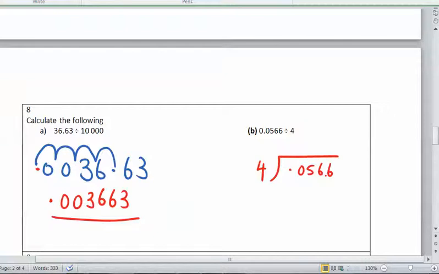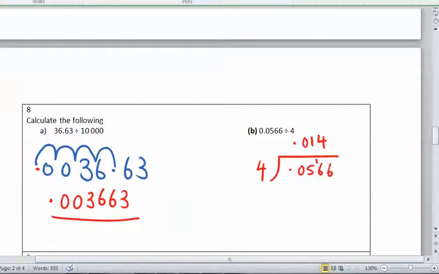Okay, this is a tricky one. What do we do here? We've got a decimal point. 4 goes into 0, no times. 4 goes into 5, 1 remainder 1. 4 goes into 4. 16. 4.